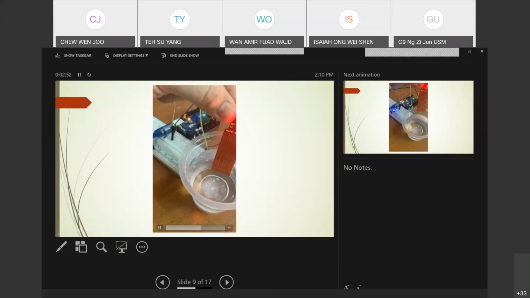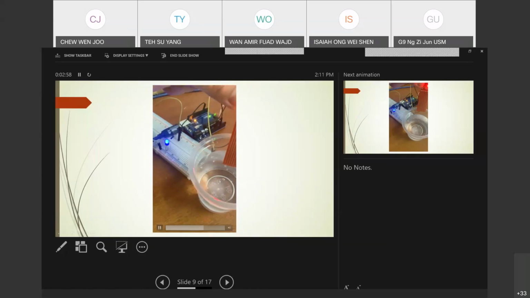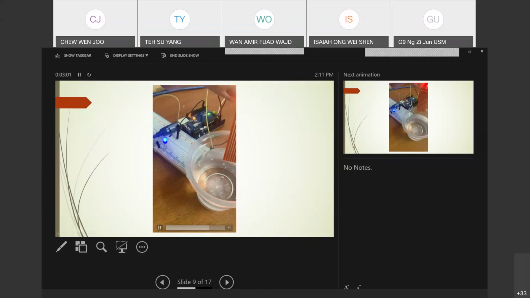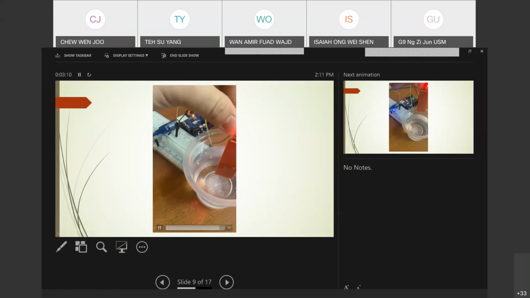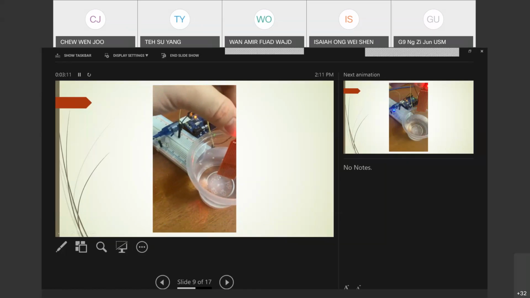When the water sensor does not detect water, this indicates the water level is not at the desired level, which will activate the pump to pump water to refill the fish tank, and after the water is refilled to the desired level, the pump will stop.